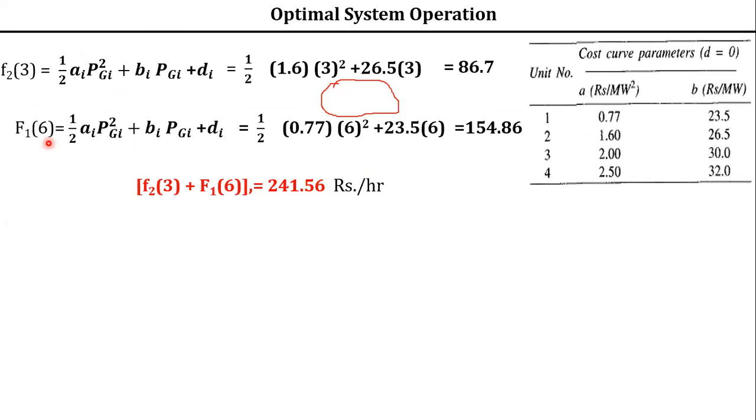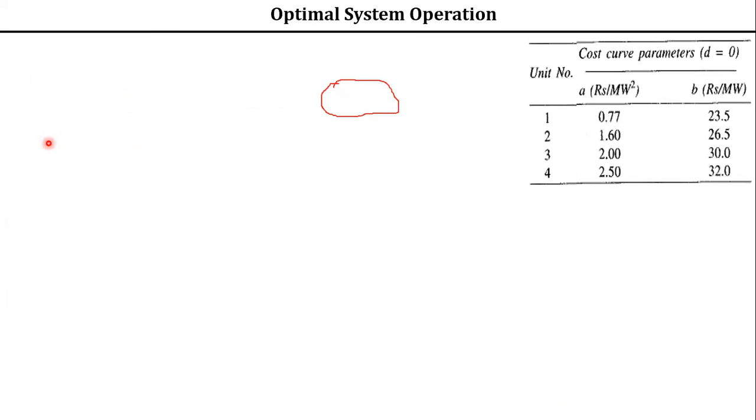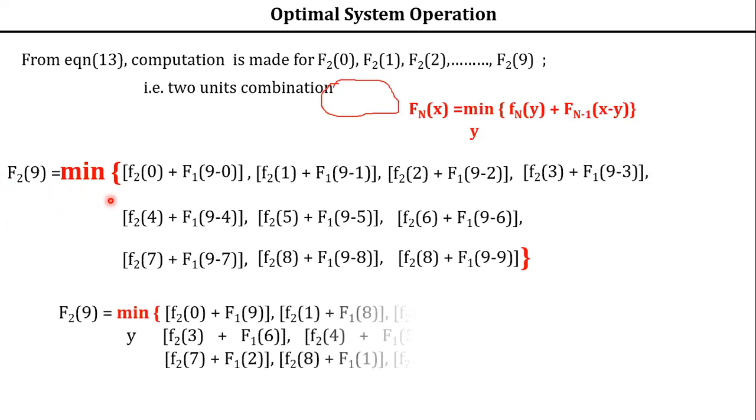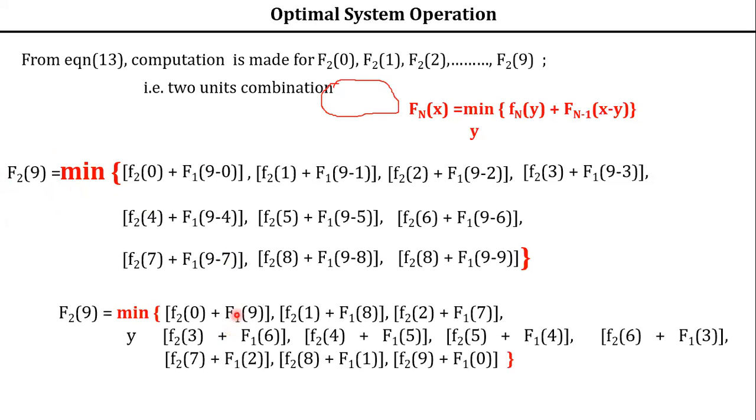Let us go back and check. What is F2 of 9? We have written it at the start. Now you see, this is F2 of 9. Where we got the minimum value, I rounded it off, it was under the fourth or third combination. Let us check. This is the first combination, second combination, third combination.